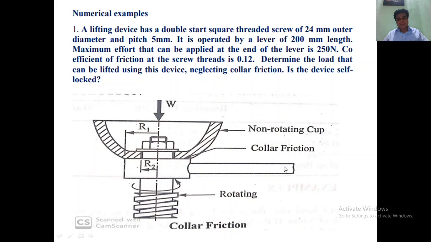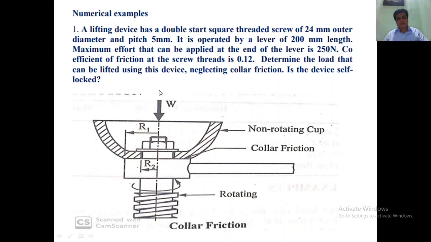So here, using this lever or the handlebar, we are applying around 250 Newton, or we are trying to rotate this screw by applying a force of 250 Newton here. And the coefficient of friction at the screw thread is given as 0.12.